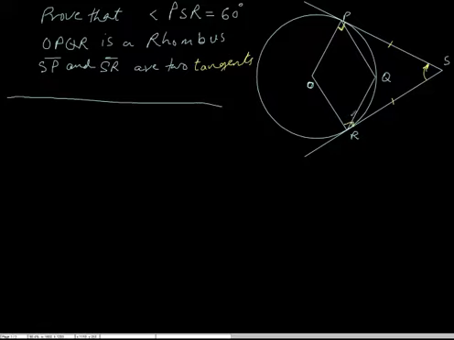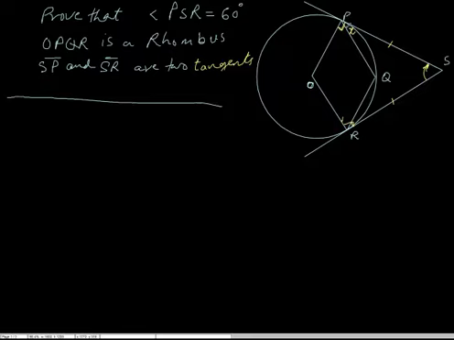So if I look at the bigger shape OPSR, these two angles are 90 degrees, right? Now, let's assume that this angle outside the rhombus, between the tangent and the side of the rhombus, is x.